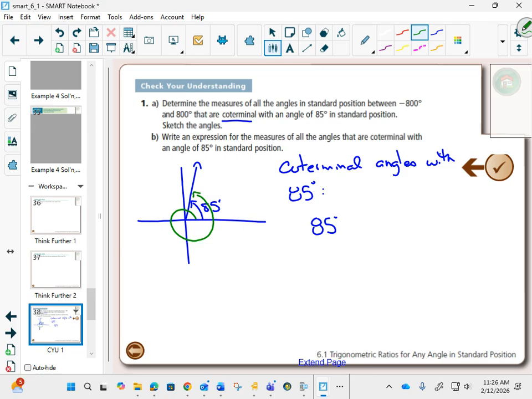And how would I find that one? Well, I could go 85 and then add another 360, which is 445 degrees. And I'll do it in purple.